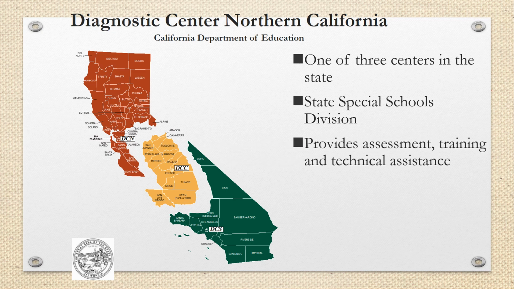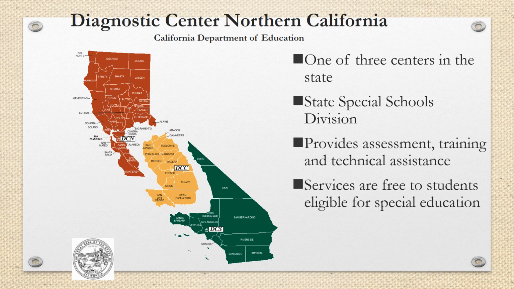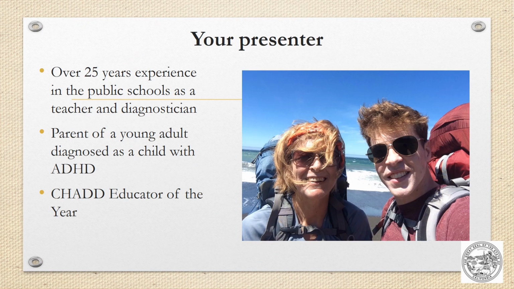We provide assessment, training, and technical assistance to schools throughout this area. Our services are free to students who are eligible for special education, and we are serving 351 Northern California school districts. So our territory is broad.